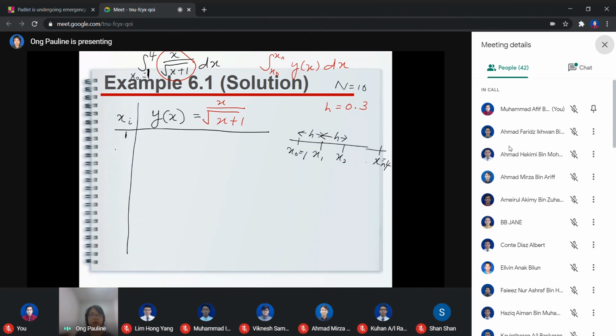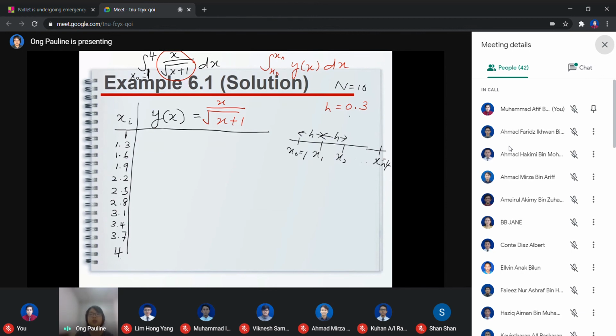So I have 1.3, 1.6, 1.9, 2.2, 2.5, 2.8, 3.1, 3.4, 3.7, and end up with 4. So from the starting point until the ending point, the increment in between is by h, which is 0.3.